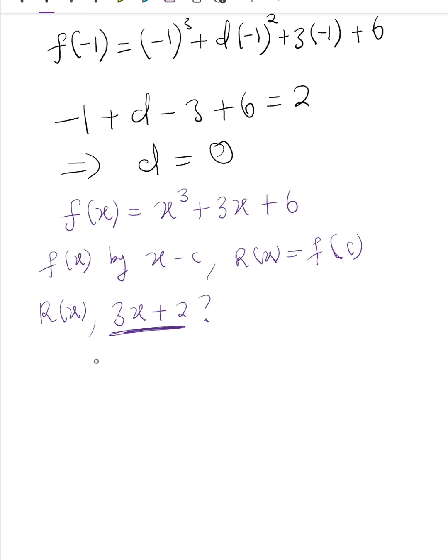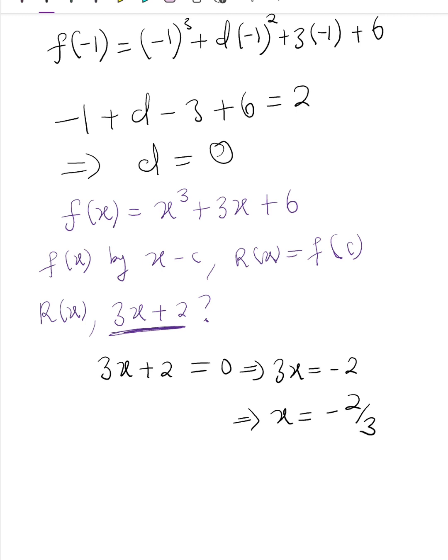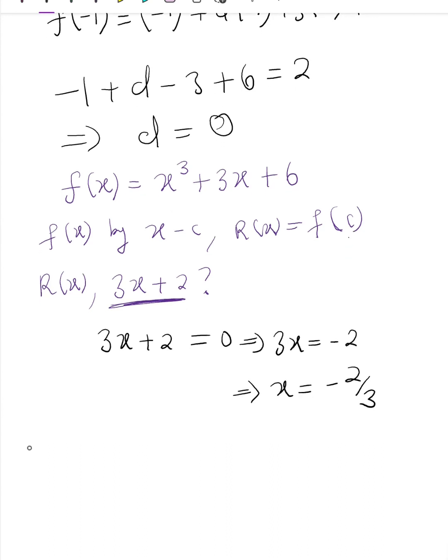So 3x plus 2 is equal to 0, which implies 3x is equal to negative 2, so that x is equal to negative 2 over 3. So my c is negative 2 over 3. Therefore the remainder is given by f of negative 2 over 3.